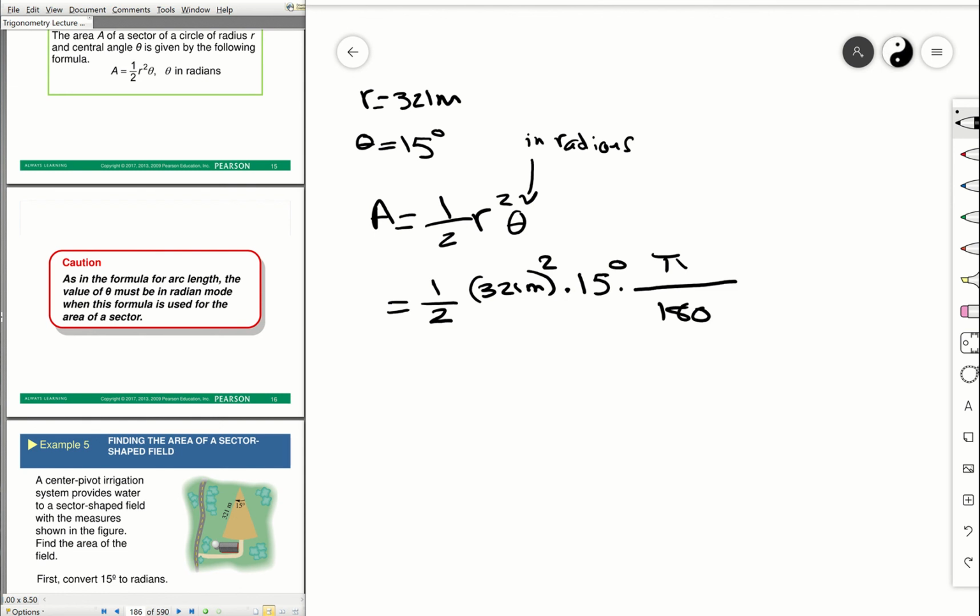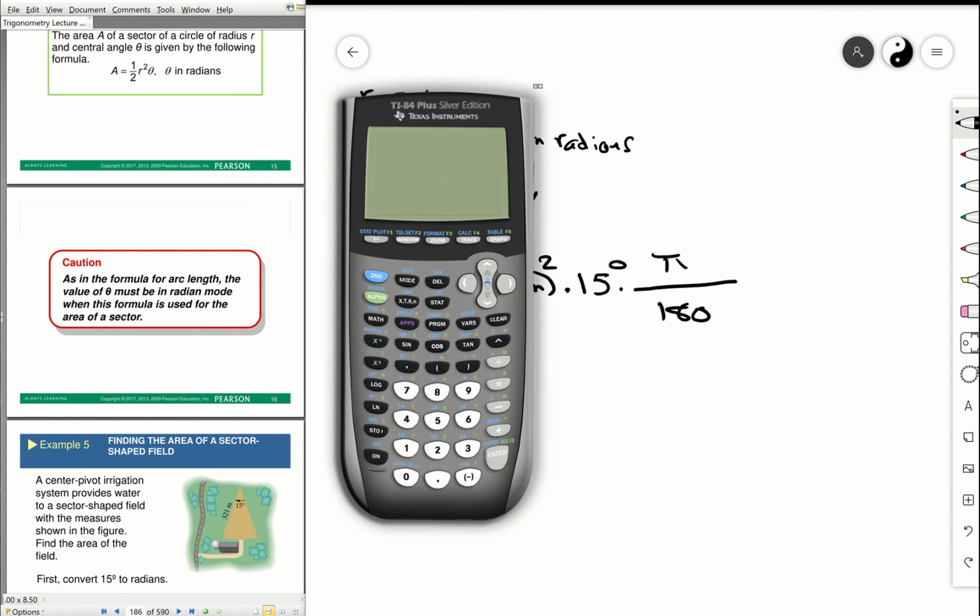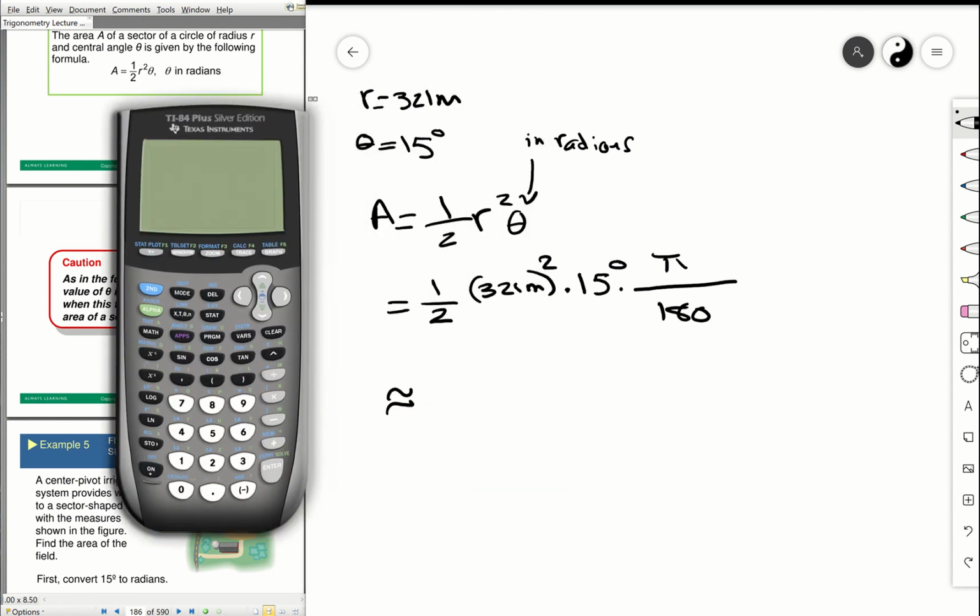You just have to go ahead and multiply it out. We'll get an approximate answer for this. So we're going to multiply 321 squared by 15 times pi, and we're going to divide.